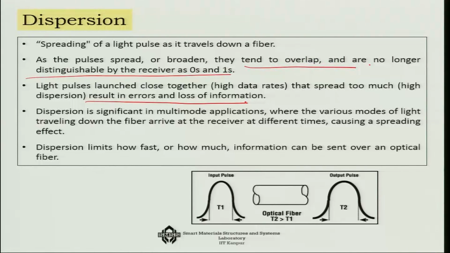Dispersion is significant in multi-mode applications, where the various modes of light traveling down the fiber arrive at the receiver at different times, causing a spreading effect. Dispersion limits how fast, or how much information, the typical baud rate, can be sent over an optical fiber.